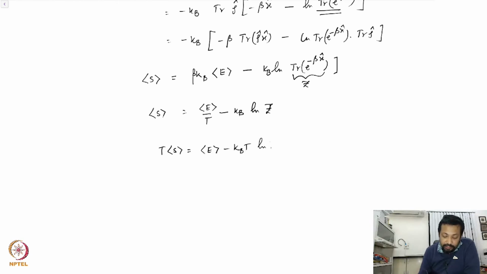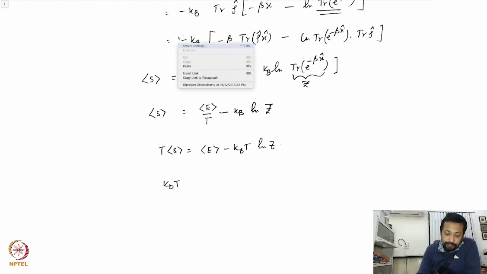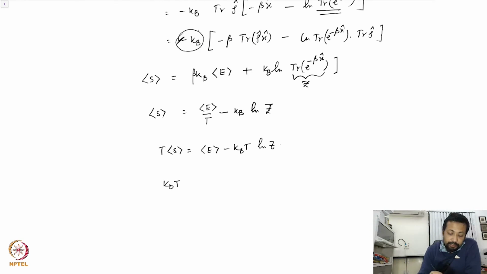k_B T ln Z. Wait a minute, this has to be a plus sign over here, because minus k_B is being taken inside. So minus k_B is being taken inside over here, and therefore this becomes a plus.